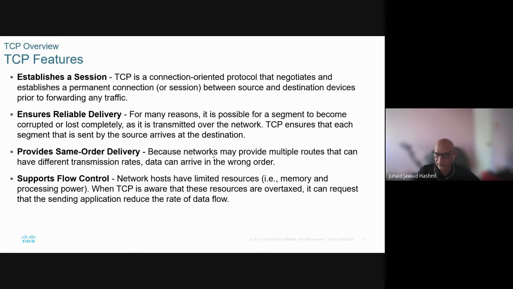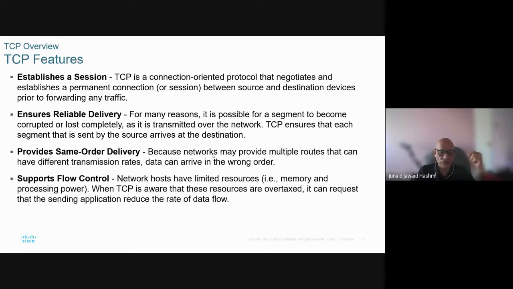So the network host, as you know, each host has its own set of resources. Okay, they have limited memory and processing power. So the TCP is aware that these resources should not be overwhelmed or overtaxed. So it can request that the sending application reduce the rate of data flow.